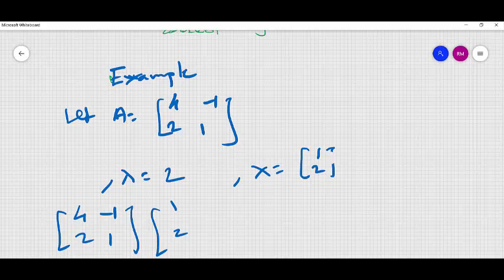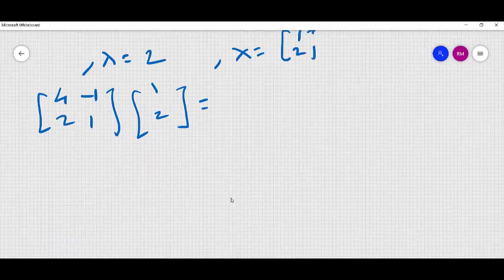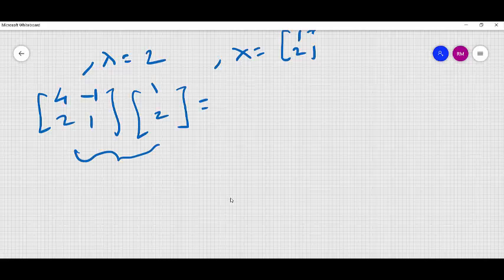If you do the multiplication of this: a 2 by 2 matrix times a 2 by 1 matrix, the product will be 2 by 1. That is 4 into 1, 4 minus 2, that will be 2. 2 into 1, 2 plus 2, 4. So we get this product.